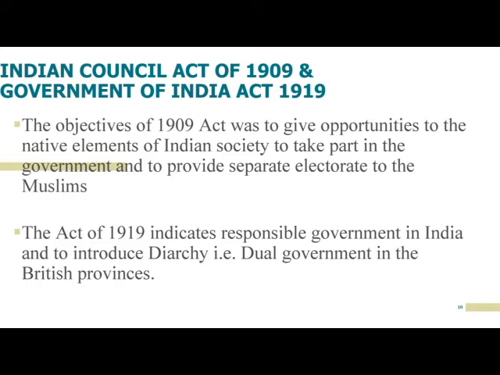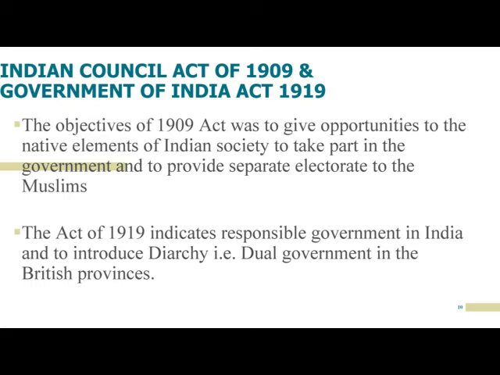Government of India Act 1919. The Act of 1909 failed to satisfy the aspirations of the nationalists. The Indian National Congress became more active and started a campaign for home rule. In response to the demands of Indians, a declaration was made by His Majesty's government.